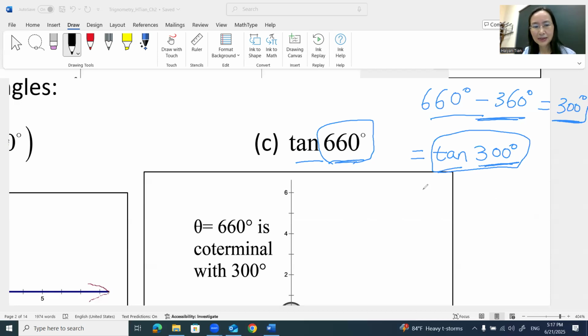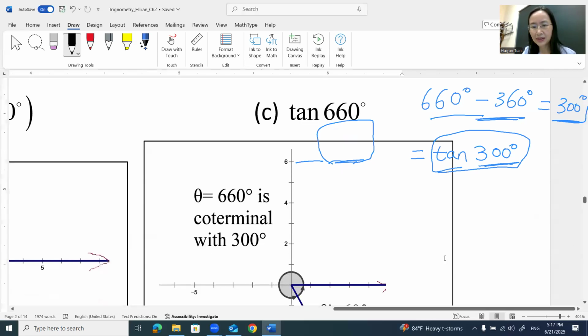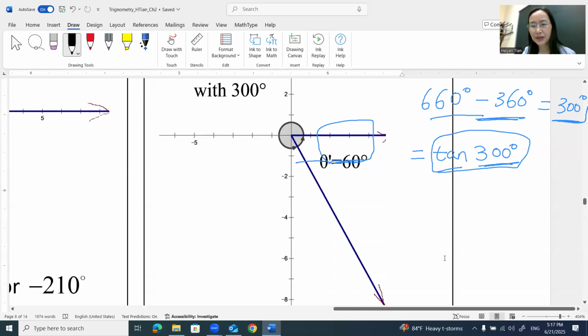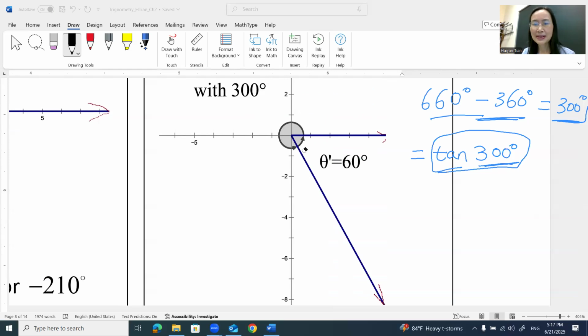Then next we find the reference angle of 300 degrees. So you see the 300 degrees? Okay, so this is the reference angle, which is 60 degrees.